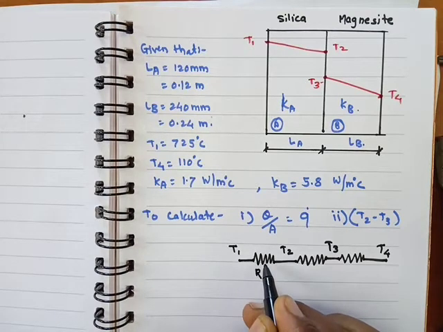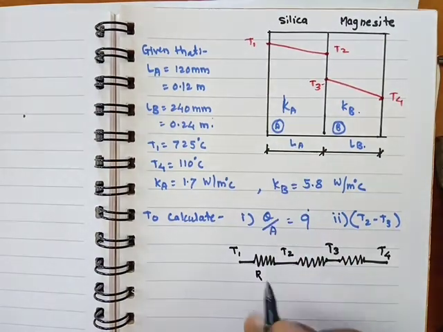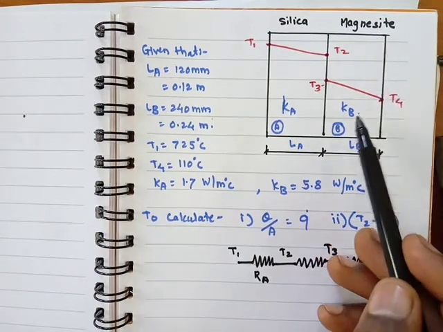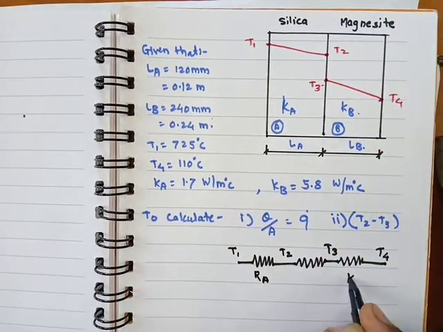We have indicated here material A, so the resistance offered by material A, that means the silica material, as Ra, and the resistance offered by material B, that means the magnesite wall material, as Rb.